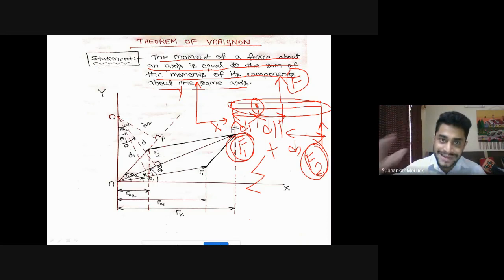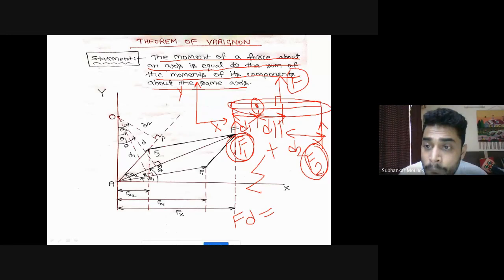Moment is force into perpendicular distance. Here I am interested in finding out the moment at this particular point. So for the resultant force, moment will be F into d, because this is the perpendicular distance. So according to this theorem, F into d will be equal to the summation of the moments of the components of this resultant force.